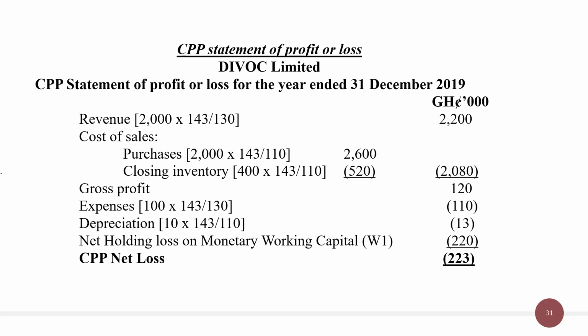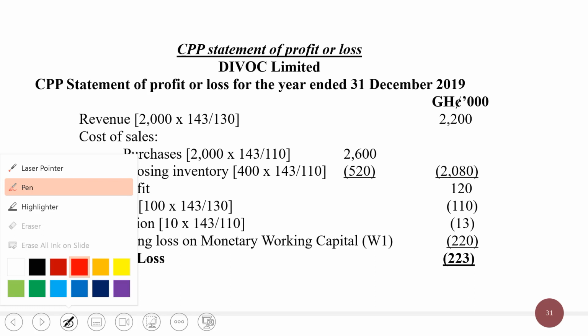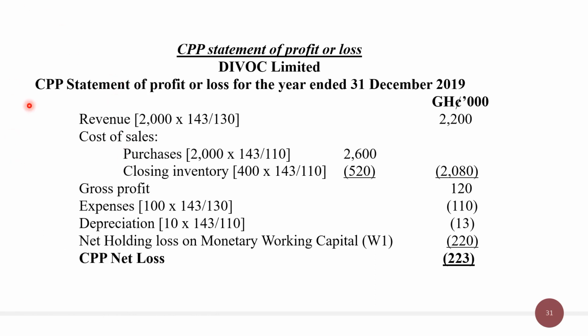Revenue. Your revenue, the historical is 2. You index it, and you are using the average. So this is the index for the 31st December 2019, the statement of financial position date, and the date of entry.